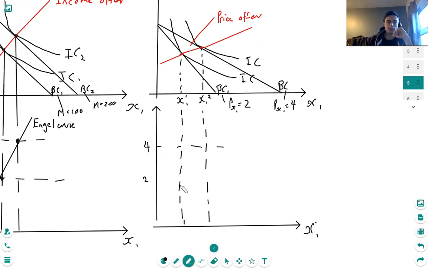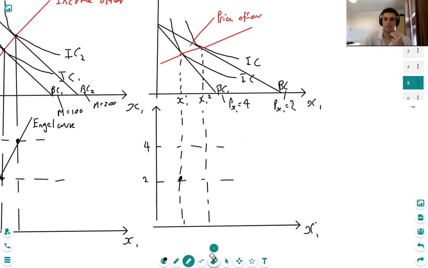So take those across. Right, that should be the other way around. So we have 4 and x11 here, 2 and x12 here.